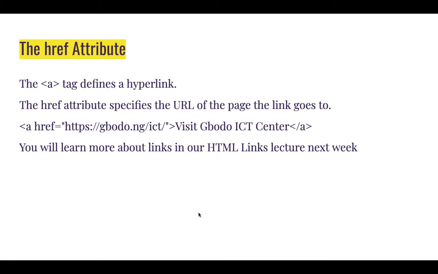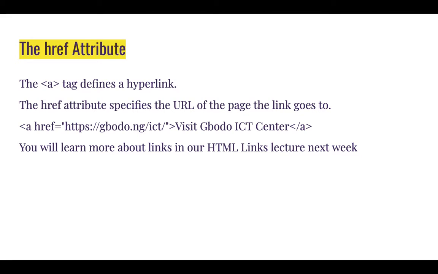So now this is an example of the anchor tag that has the href attribute, and a value is assigned to that attribute. The value assigned in this case is https://bodo.ng/ict.